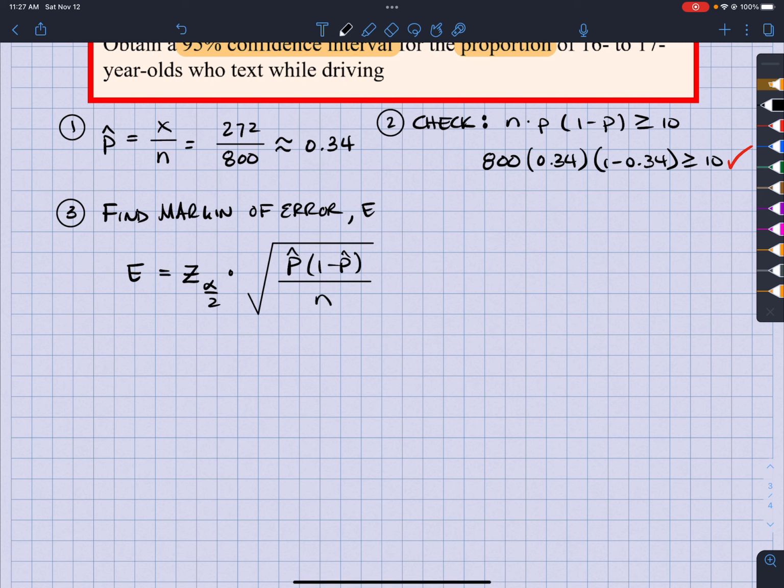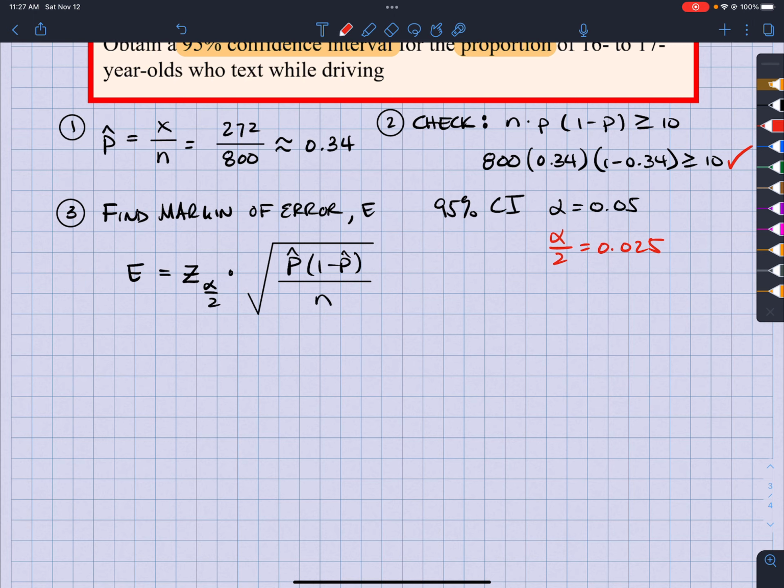And since this is a 95% confidence interval, I know that alpha is equal to 0.05, where alpha divided by 2 is going to be 0.025.